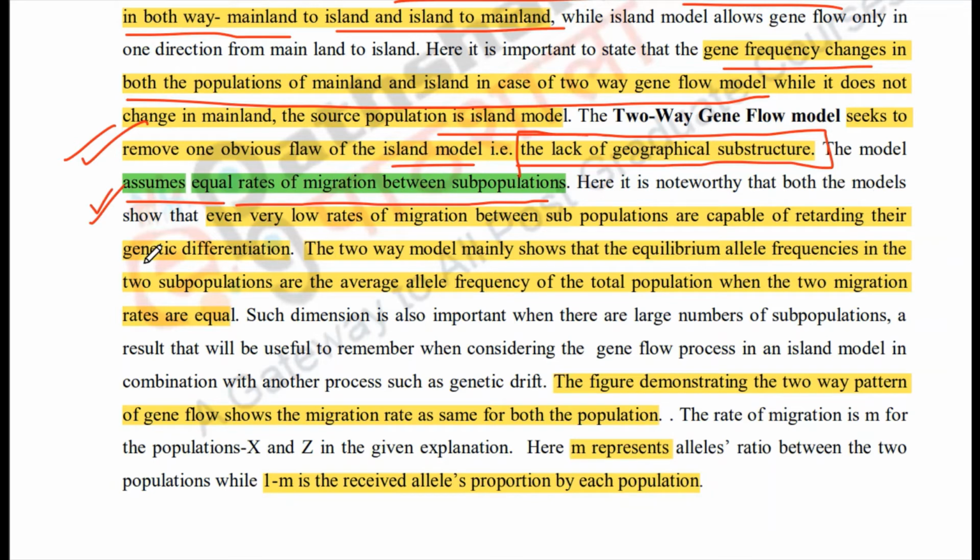Here it is noteworthy that both the models show that even very low rates of migration between the subpopulations are capable of retarding their genetic differentiation. So even very negligible rates of migration, even if they are equal and very low, still after generations there is going to be almost reduced genetic differences between these subpopulations.